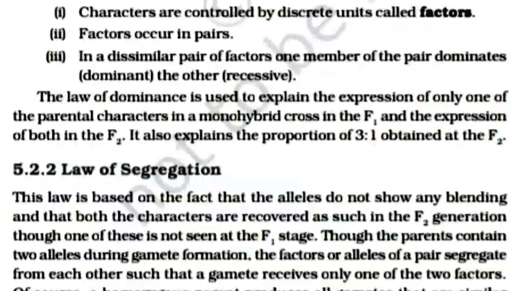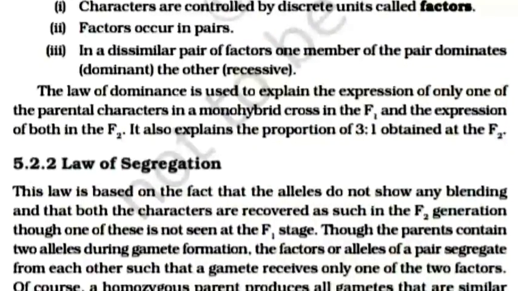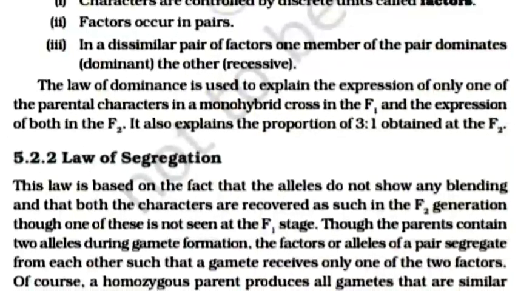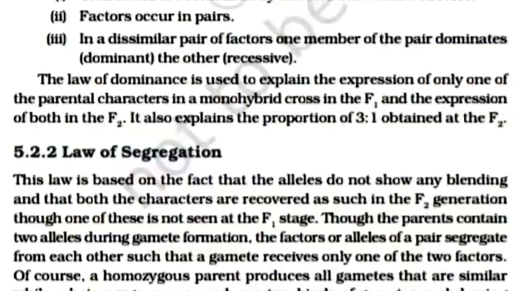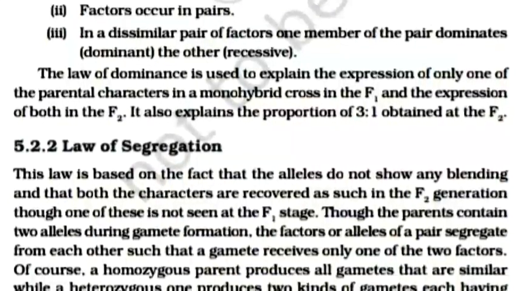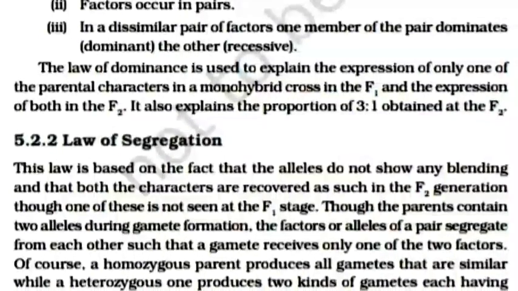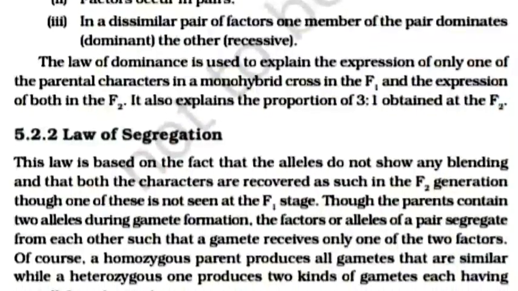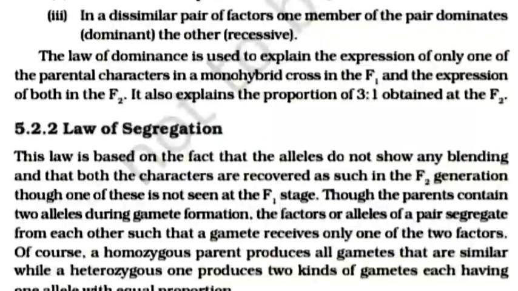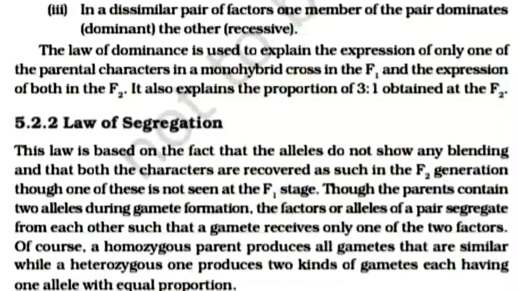Second, the law of segregation. The law is based on the fact that the alleles do not show any blending and that both characters are recovered as such in the F2 generation, though one of these is not seen at the F1 stage.